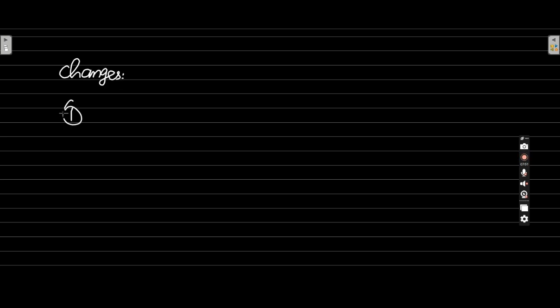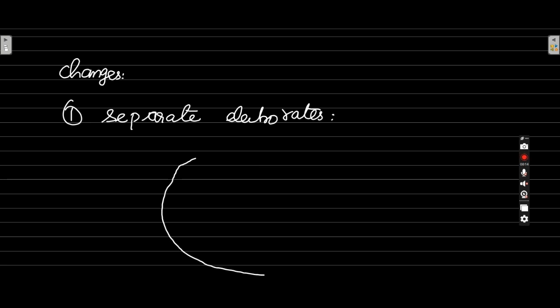The first one was separate electorate. So why is there a separate electorate? So let's see. There is a constituency.